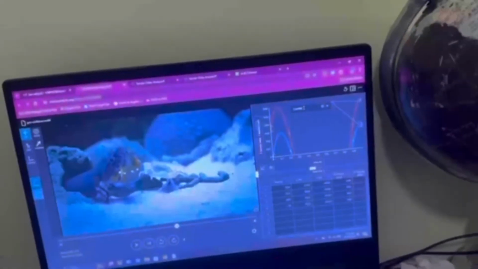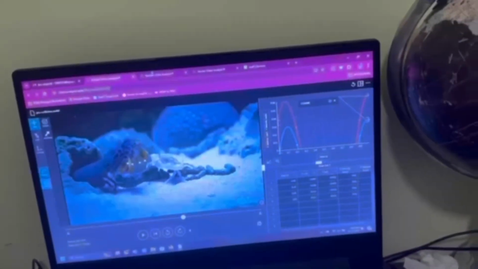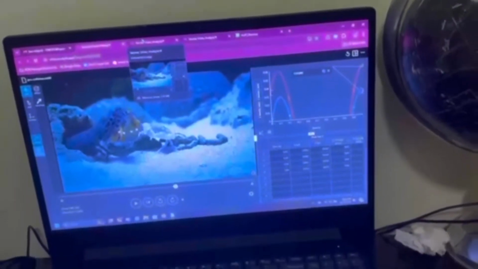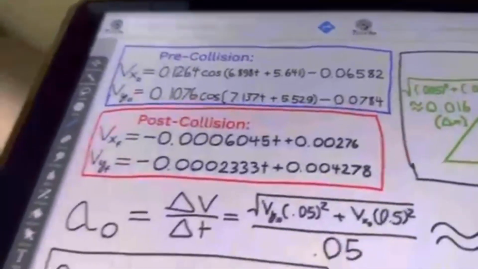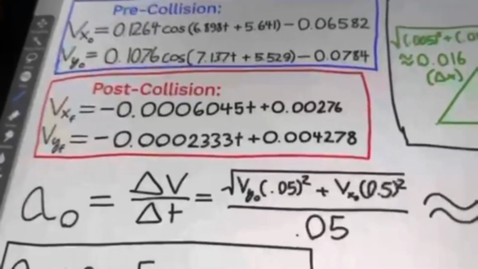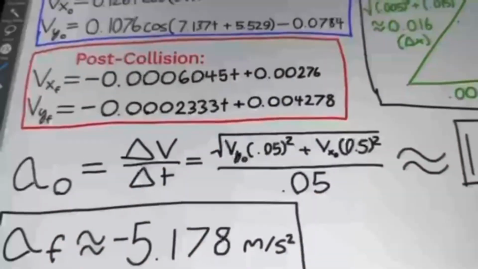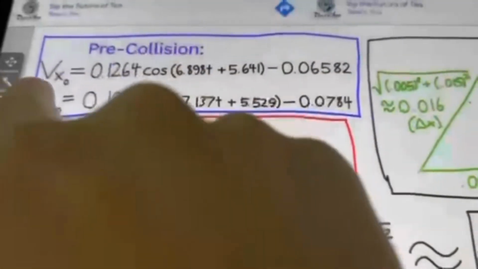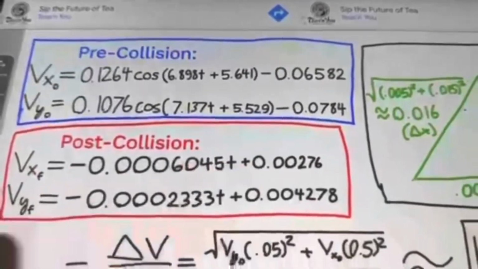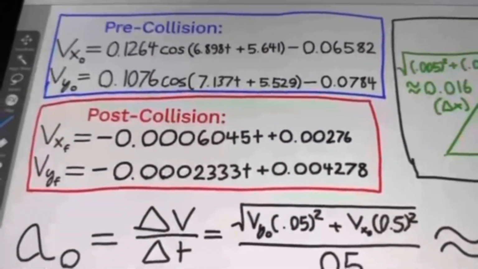And from these graphs, I was able to discern the vertical and horizontal velocities, both pre and post-collision, for the mantis shrimp claw, which are these following equations I've displayed here.